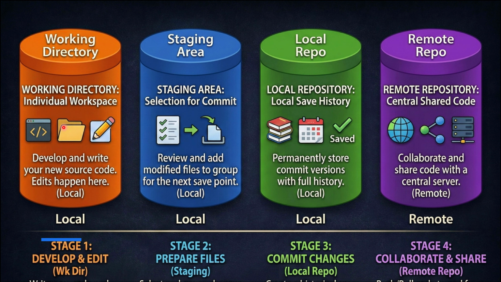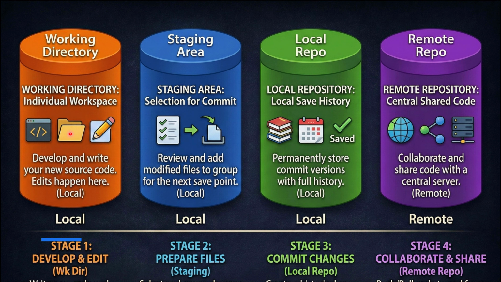In simple words, this is the place where your development happens. Why do we need this stage? We need a space where we can experiment, edit, test, write, and modify our code without affecting the project history.